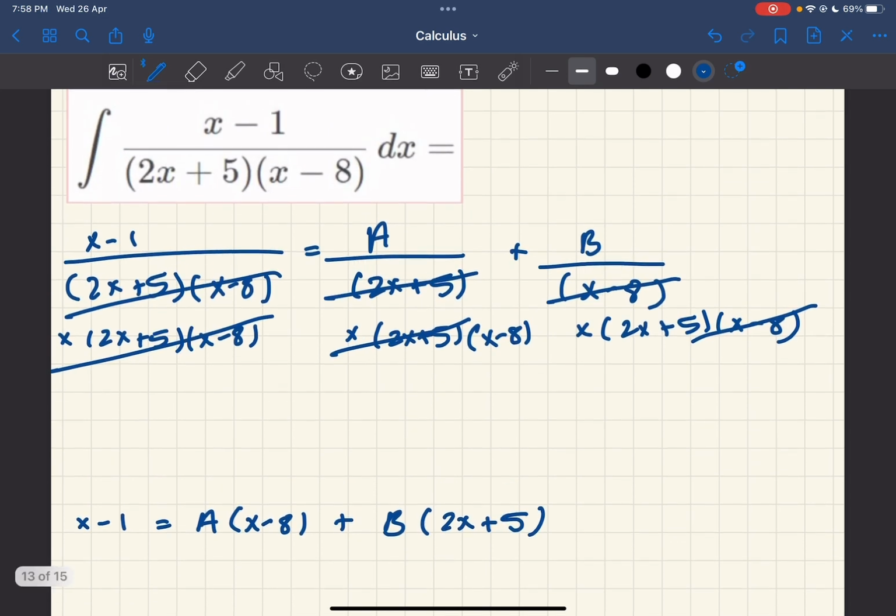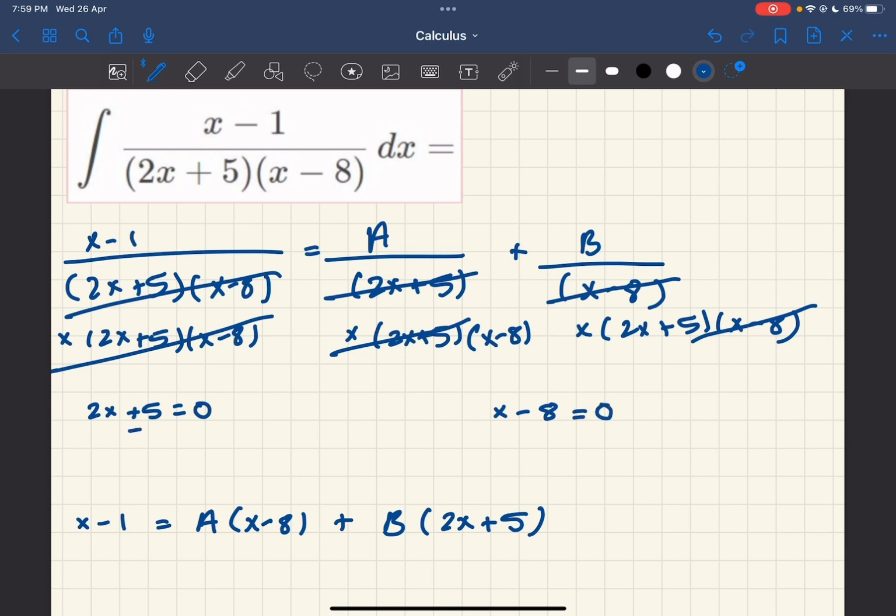Okay, now that we have that step done, we have to find the constants by substituting the roots. So we're going to find the value of x within those two factors, and we do that by setting each equal to 0. So 2x plus 5 equals 0, and x minus 8 equals 0.